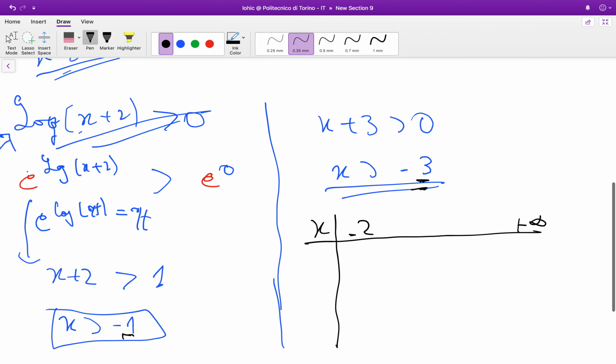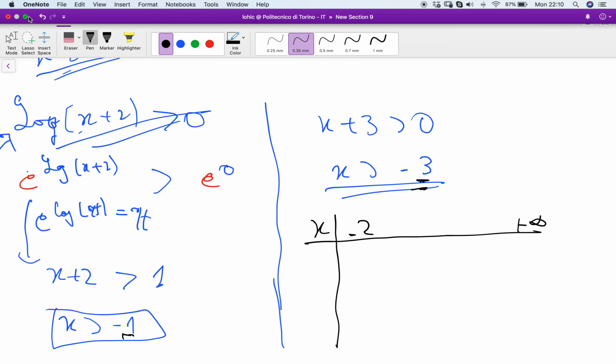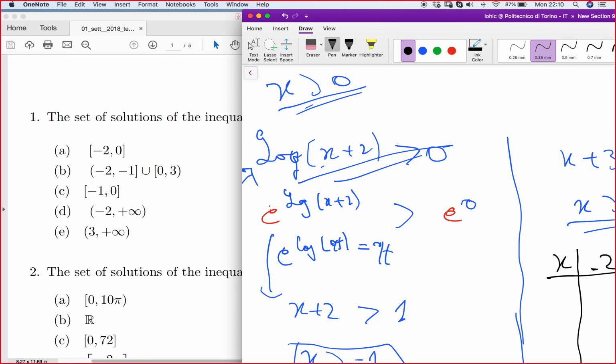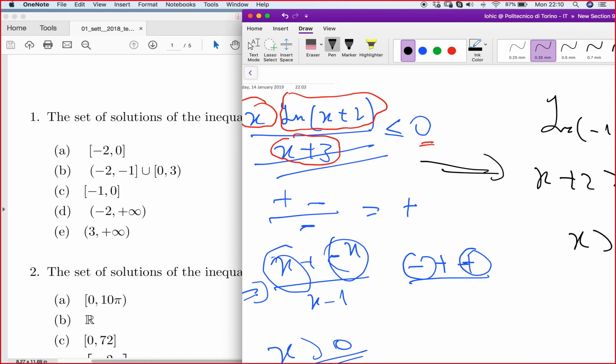Yes or not? Let me go back and check if I am right, because maybe it was x minus 3 and I wrote x plus 3. It was x minus here. See the denominator. Here is x minus 3.